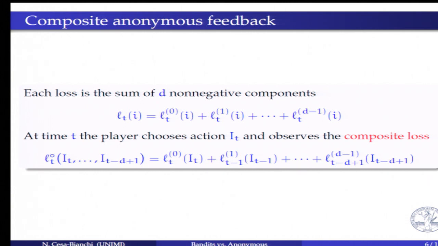Now it becomes complicated, because your loss at time t will depend on a set of actions, at most D actions, and you only observe the sum of the contributions of these actions. You don't observe the individual values. Furthermore, the loss of each action is scattered over D time steps in a completely adversarial way.